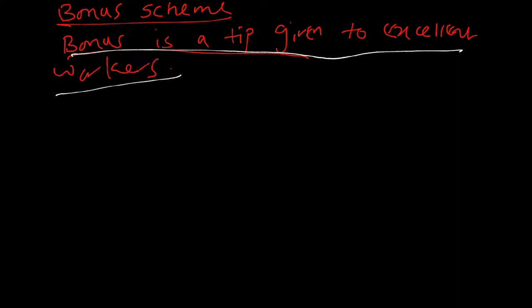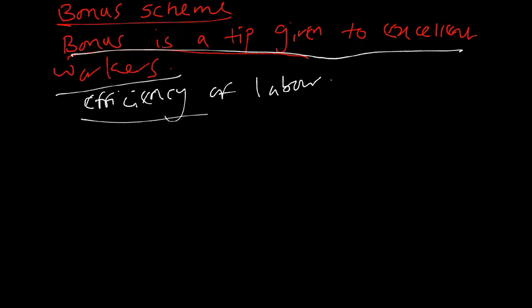In economics, there's something we call efficiency of labor. So we give tips, more than the normal remuneration, to workers so that they can give us their best performance. They can produce in the best way they know how. So that's what we mean by bonus.